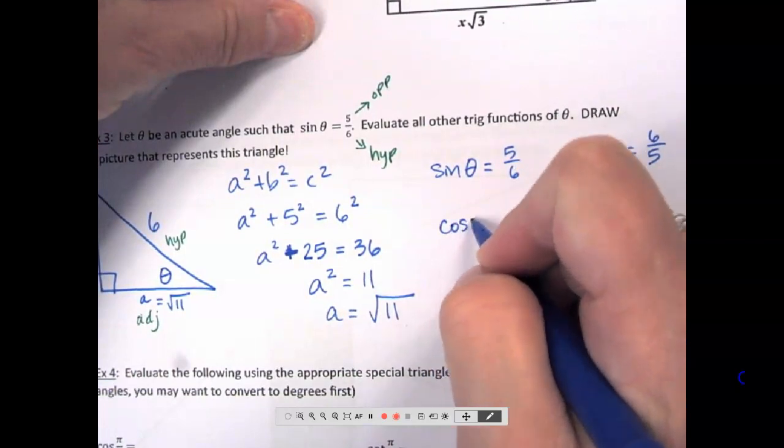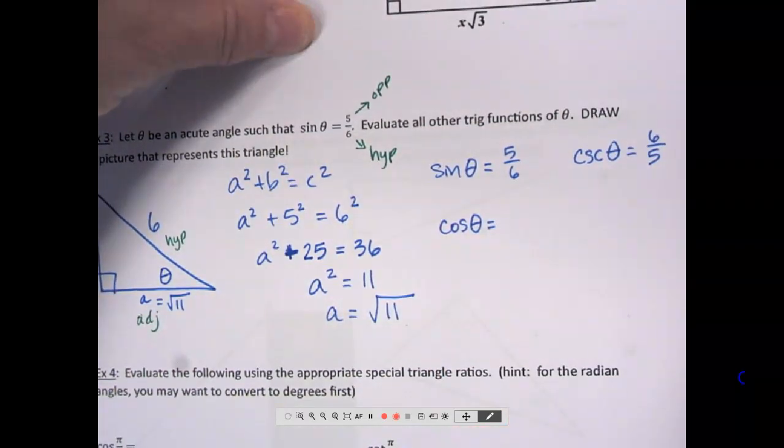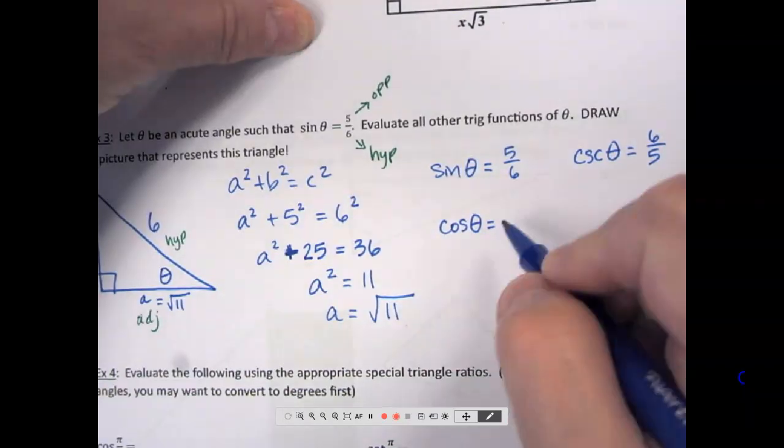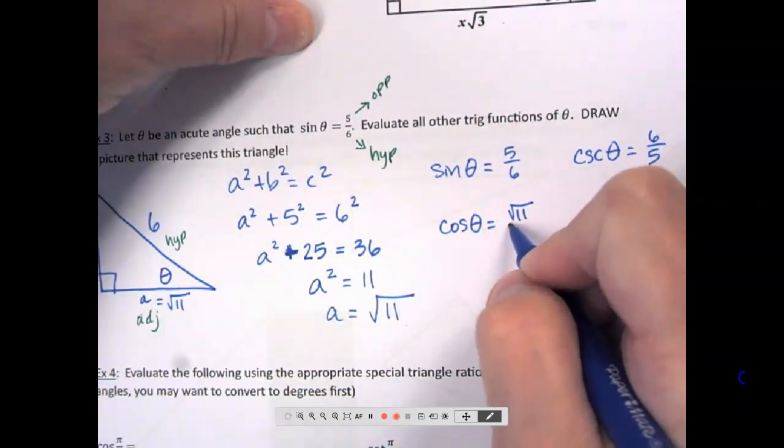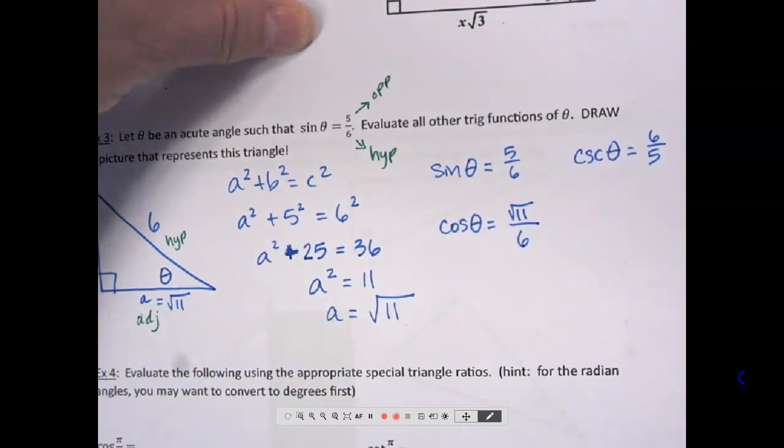Okay, cosine is what over what? What, Max? Adjacent over hypotenuse. So our adjacent is square root of 11. Hypotenuse is 6. Good to go.